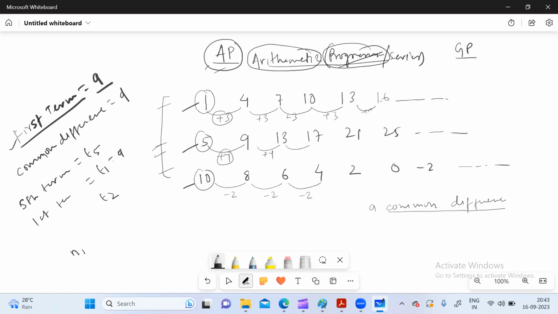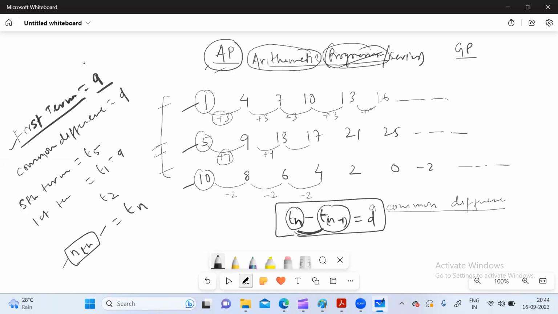And similarly, the nth term, if you are putting it in general terminology, we'll call it Tn. So the common difference can be written as Tn, any term, minus the previous term, Tn minus 1. Tn minus Tn minus 1, the difference of two consecutive terms, will always be the common difference. This is how we visualize it.